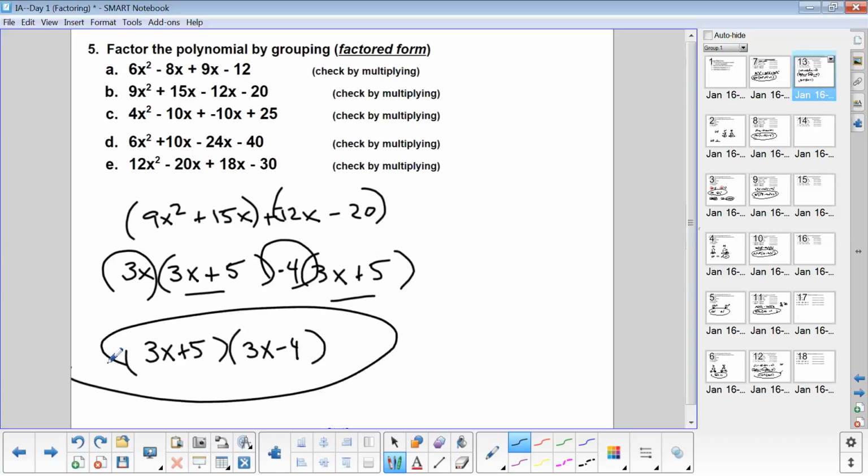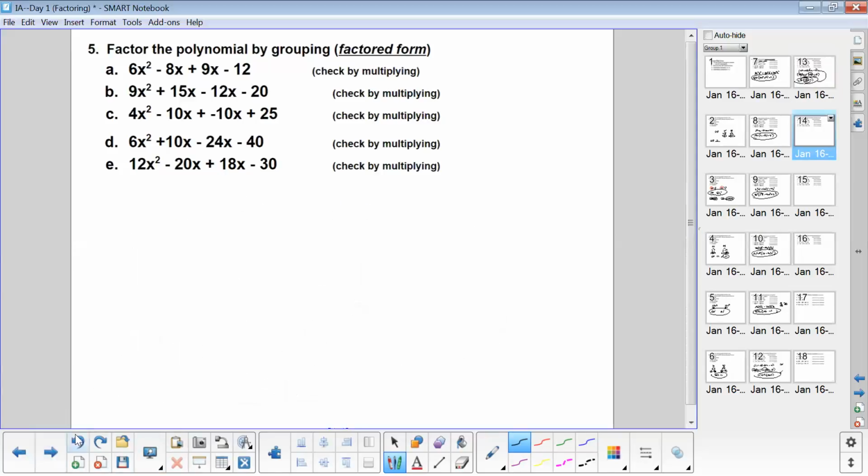Now that's your result. If you wanted to check, you could multiply this out, and you would get 4 terms that would match here. 4x squared minus 10x plus a negative 10x plus 25.